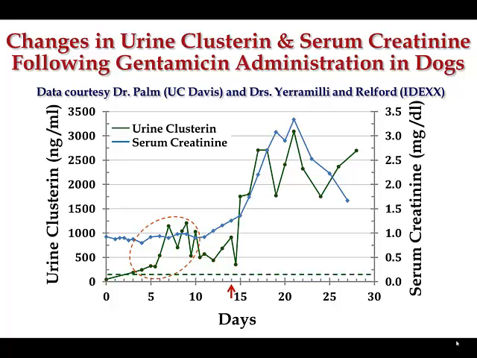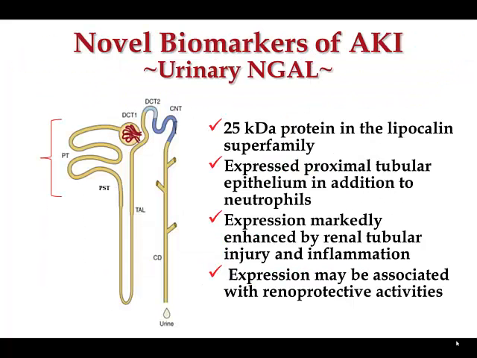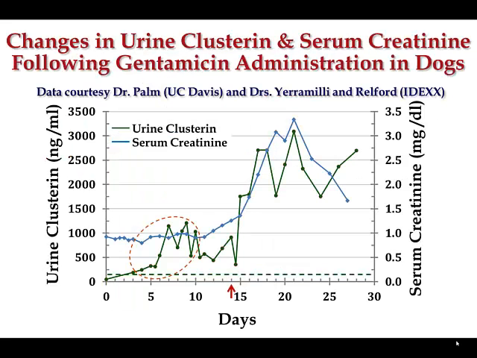But clearly we see very early identification, particularly compared to our traditional marker. I thought I had a blow-up of that, but by just a few days of the injury, this marker has already come up above the upper limit of the range, and could be predictive and suggestive that you've got damage going on.